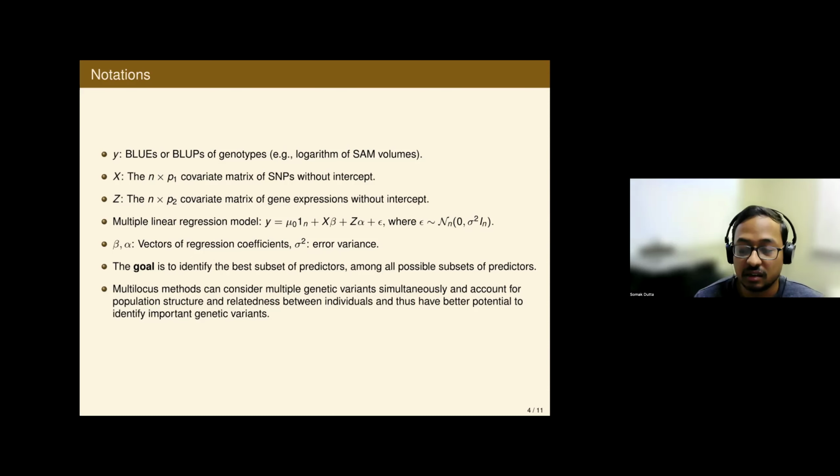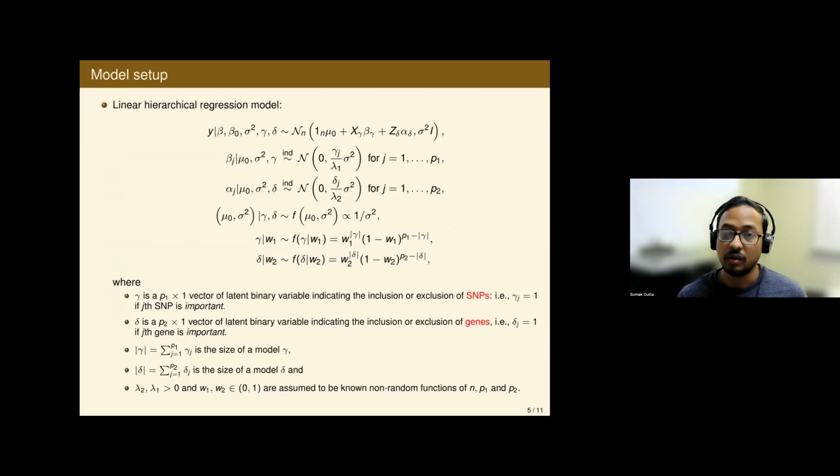So let us first try to understand the model. What we do is a hierarchical model. This is the workhorse behind SVEN. We assume that there are these latent indicator vectors, gamma and delta. Gamma is like a 1,000,000 by 1 vector, and it indicates whether a particular SNP is important or not. So gamma j is 1 if and only if the jth SNP is important.